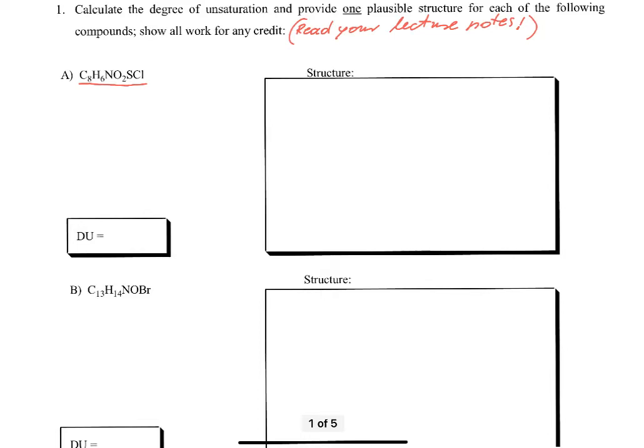The rules for replacing nitrogen and halogen atoms with hydrogens, as you recall from the lecture, are to subtract 1 hydrogen atom for each nitrogen and to add 1 hydrogen atom for each halogen present.